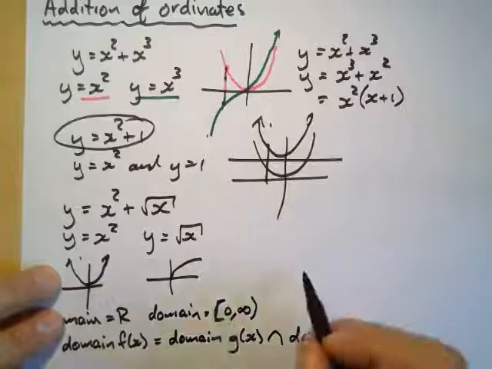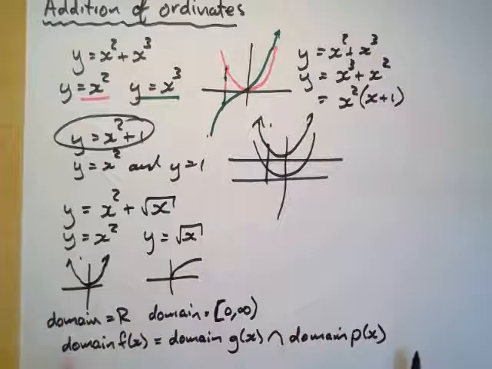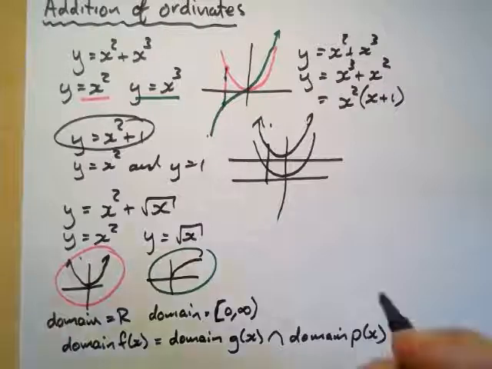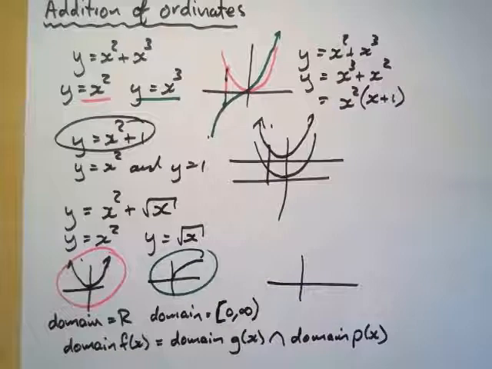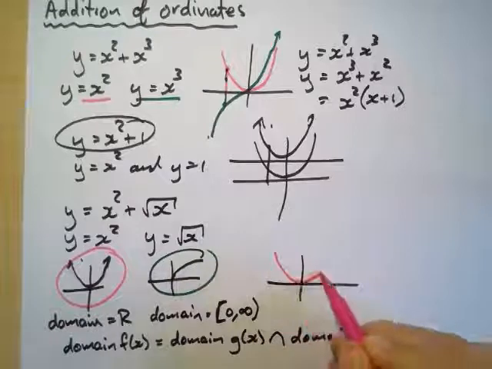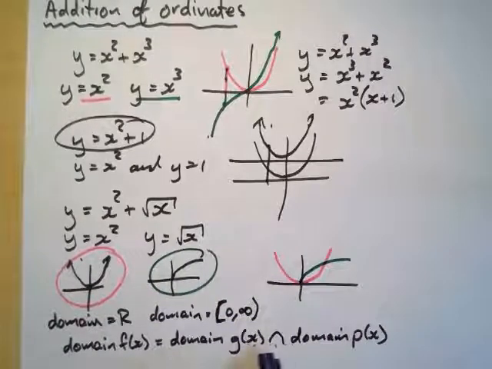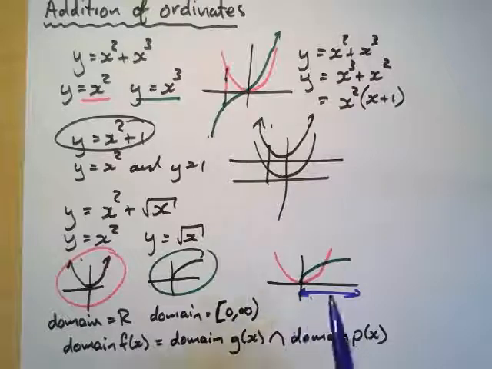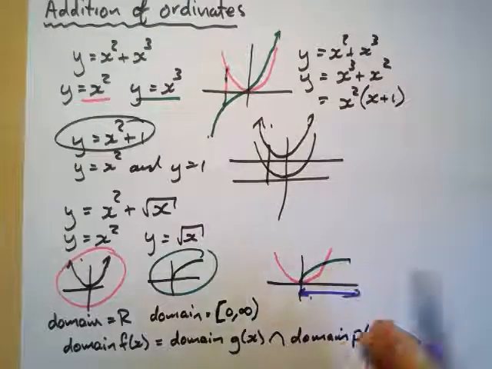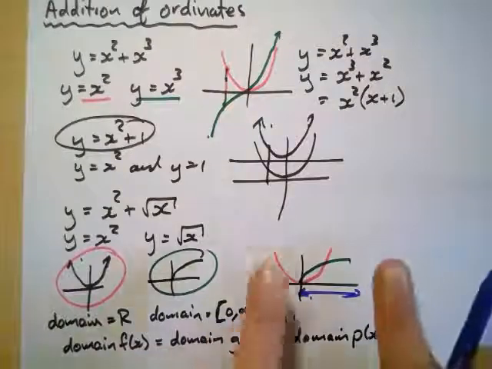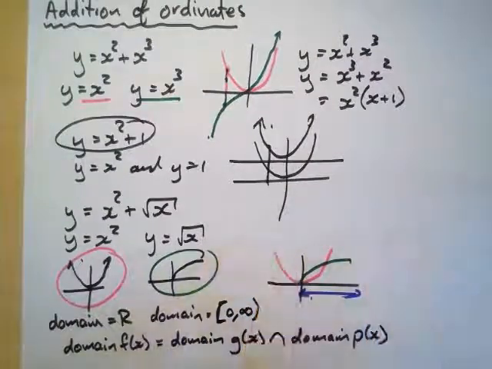So if I draw this on the same graph, let's make this one the pink one, and we make this the green one. If I draw the green one over there, this can only exist where they both exist, which means I can only draw them for this distance. I can only add them here because it's the only place where both of them exist.